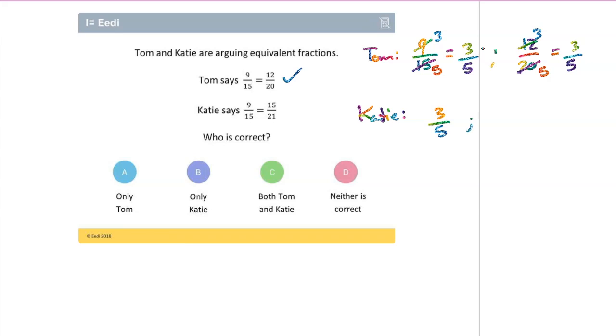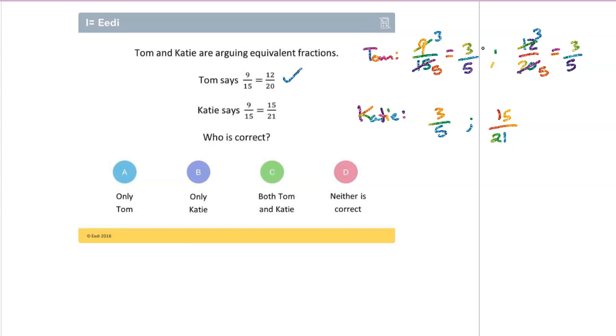What about the 15 over 21? Well, 3 goes into 15 and 21. Remember the little trick, if you're not sure whether 3 goes into a number, just add the digits of the number. 1 plus 5 is 6. We know 3 goes into 6, so it will go into the whole number, 15. 21, if you're not sure if 3 goes into that, you just add the digits. 2 plus 1 is 3. 3 definitely goes into 3, so 3 must be a factor of both the numerator and the denominator.